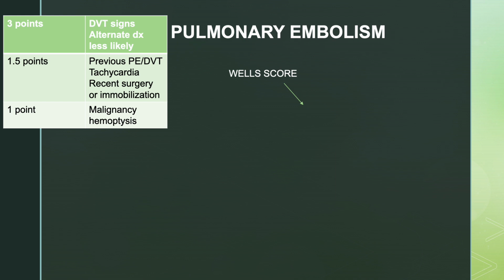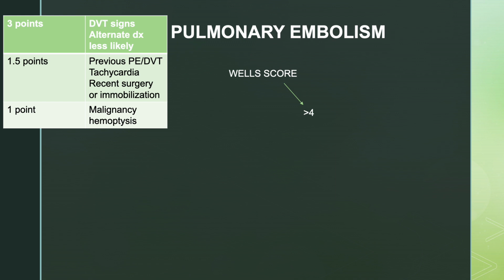Now, let's say the Wells score is greater than 4. What is the next step? Well, it is PE likely. We know that. So what do you do? Let's say the options are CTPA, another option is anticoagulant. The answer is start anticoagulant heparin right away, because CTPA may take time.